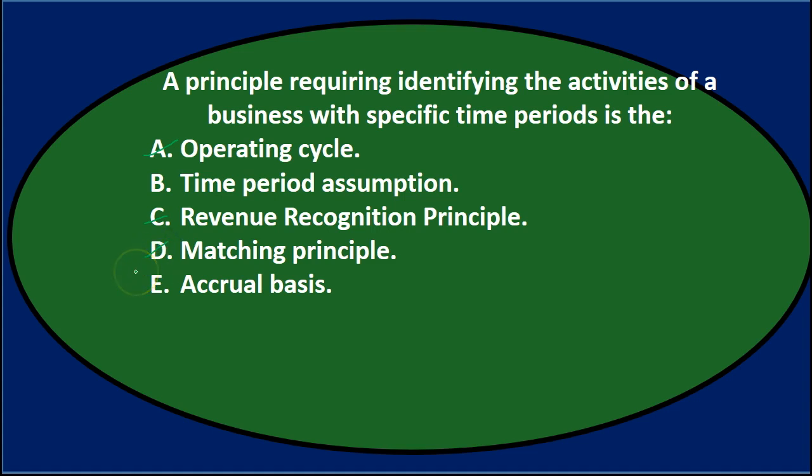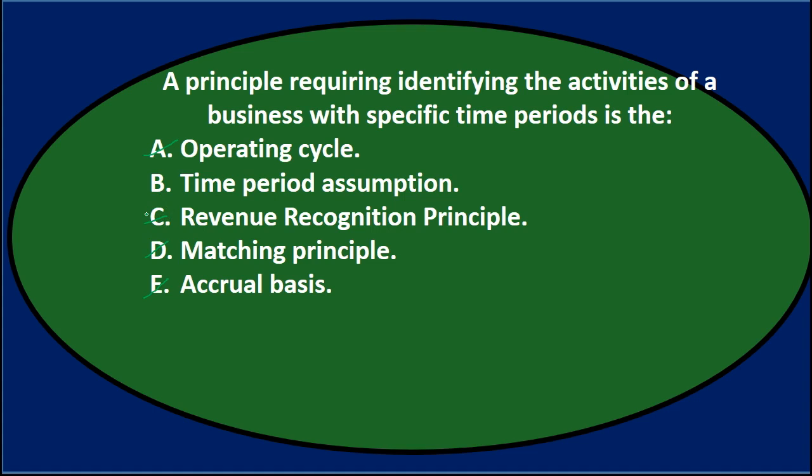And then the accrual basis, that's going to be these two principles here. And you might be able to, when you see a question like this, if revenue recognition sounded good or matching sounded good, and then you say, oh, well, they're both there and they both might be good. And then you see the accrual basis, which again covers both the revenue recognition and matching, because they're all basically in the same kind of wheelhouse.